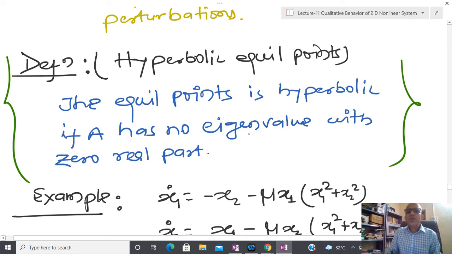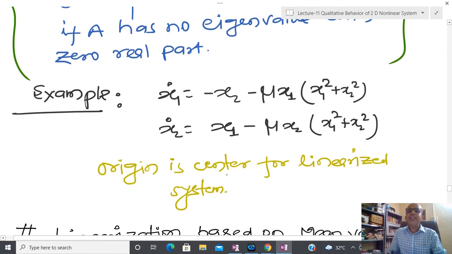So if I have a hyperbolic equilibrium point, then only I can talk about the stability and instability of the corresponding equilibrium point.